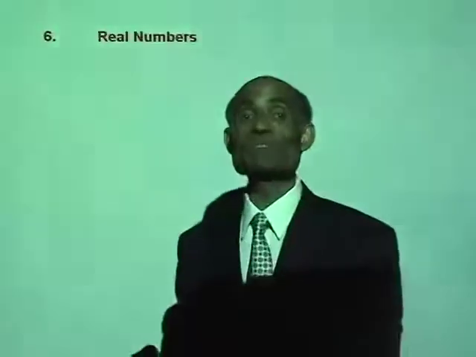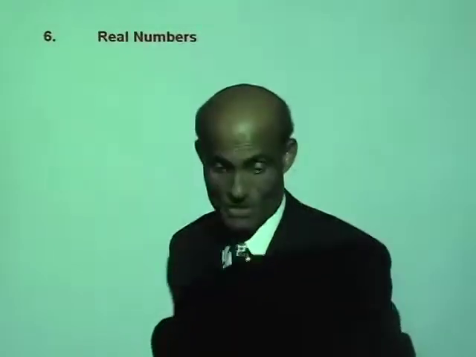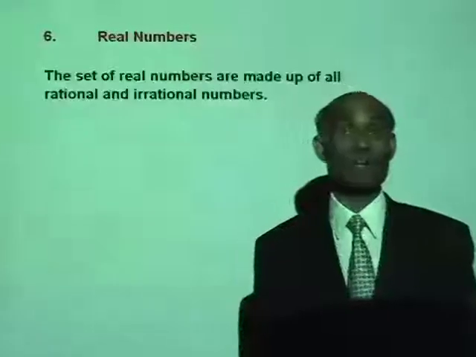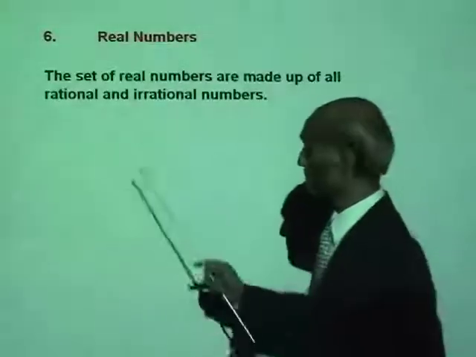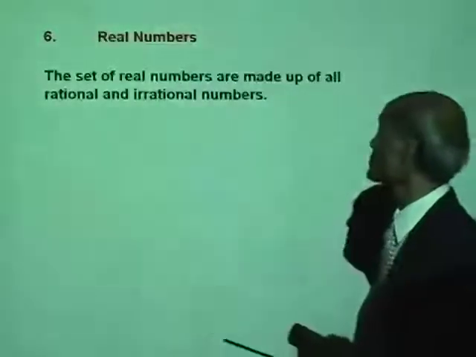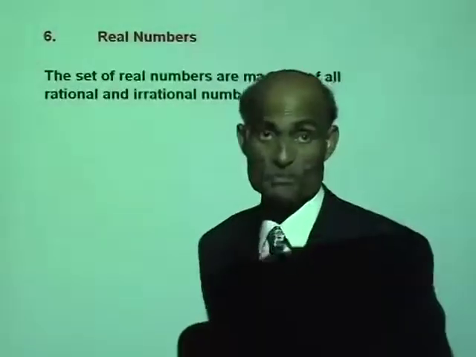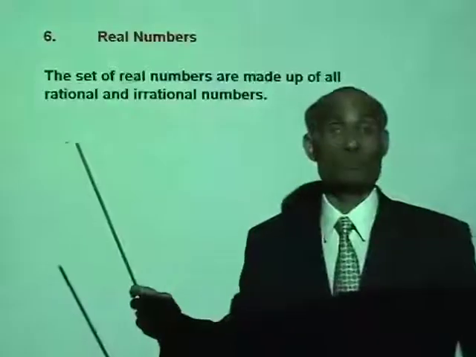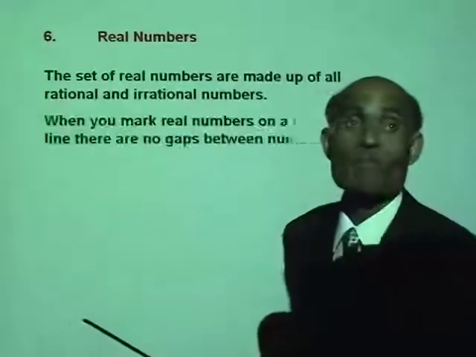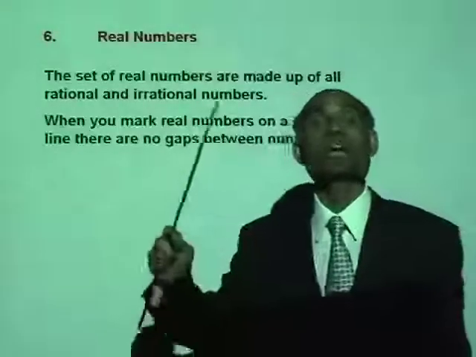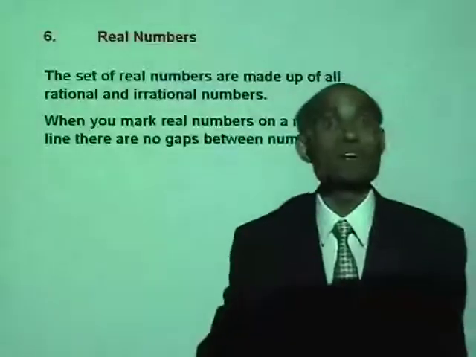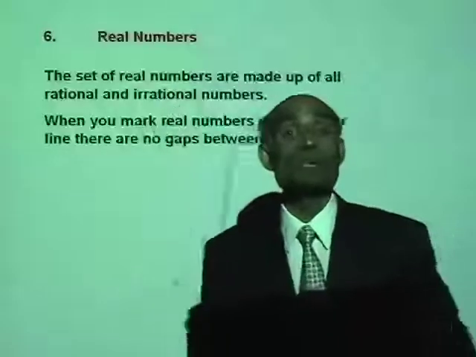Integers are real numbers, right? Rational and irrational numbers are real numbers. The set of real numbers are made up of all rational and irrational numbers. That means if you can give me a number, that will be a real number.